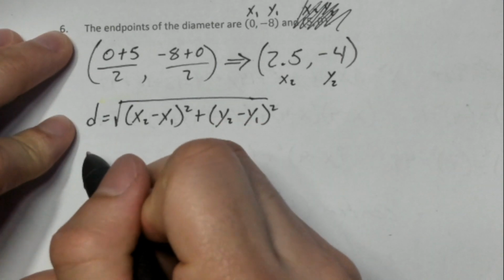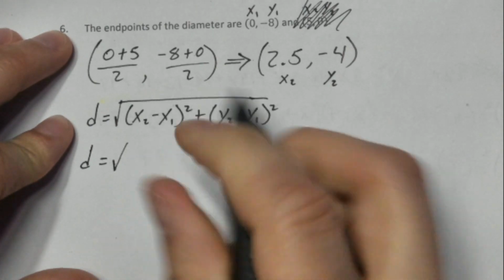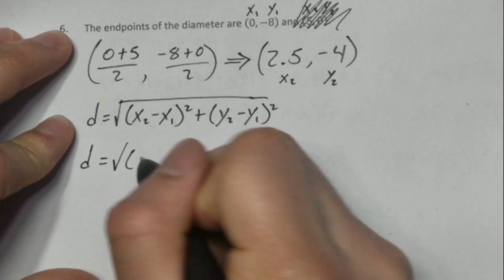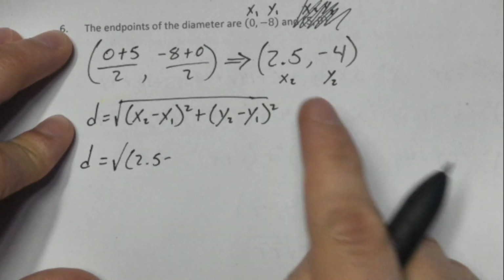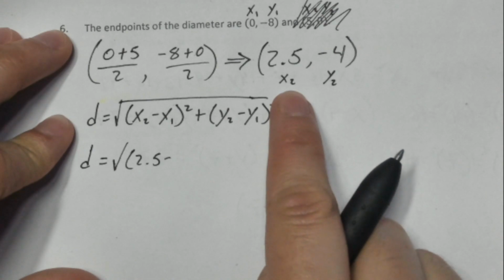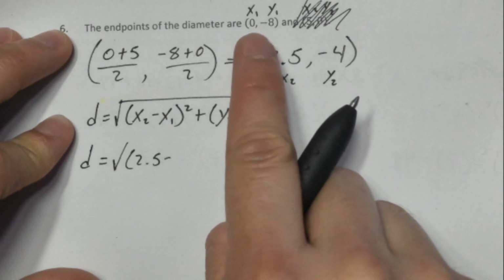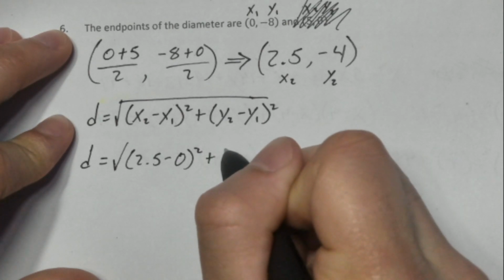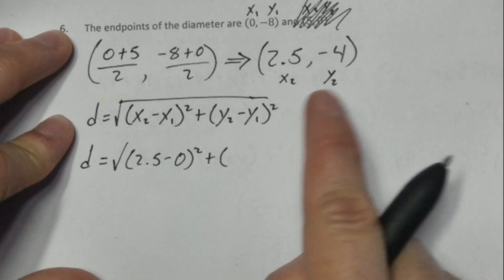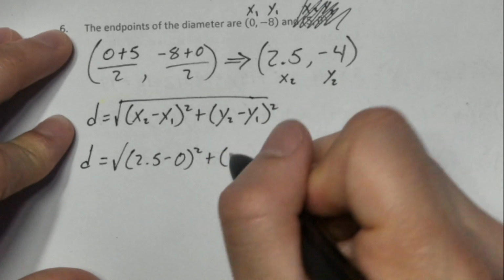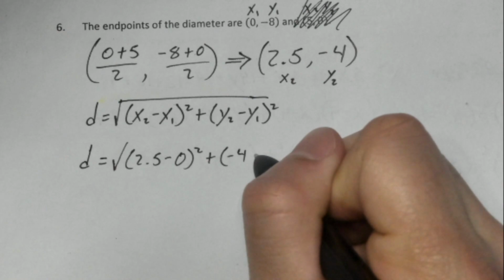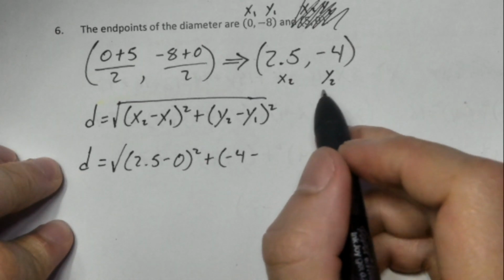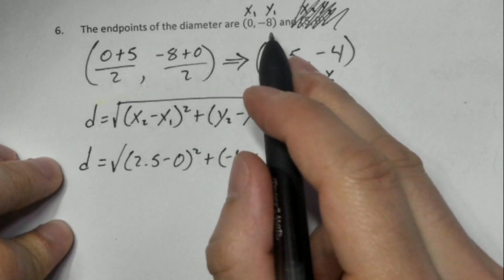All right, let's put all these values into this formula. It's going to be the square root of x2, which is 2.5, minus x1, which is 0, squared, plus y2, which is negative 4, minus y1, which is negative 8.